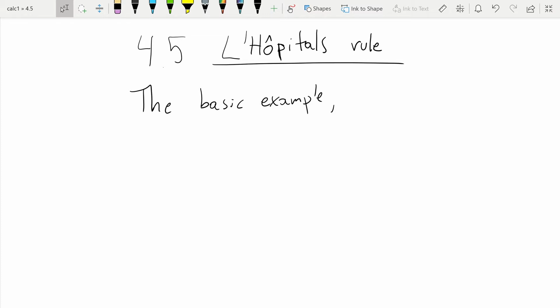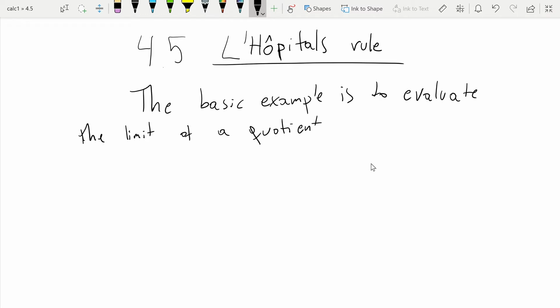So the basic example is to evaluate the limit of a quotient, say f of x divided by g of x, as x approaches some constant a.